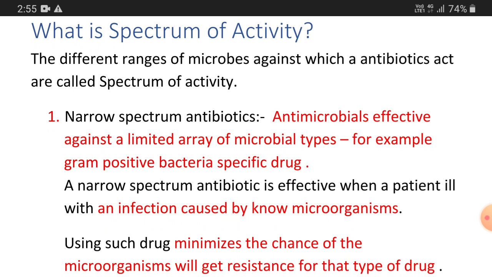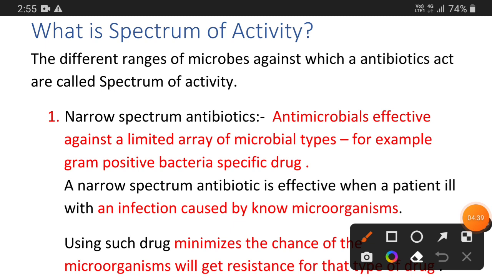So let's talk about the example. Can you guess what type of example should fit in narrow spectrum antibiotic? I have already discussed it with you. Yes, exactly, that is isoniazid. Isoniazid is an antibiotic which has the ability to prevent mycolic acid synthesis.